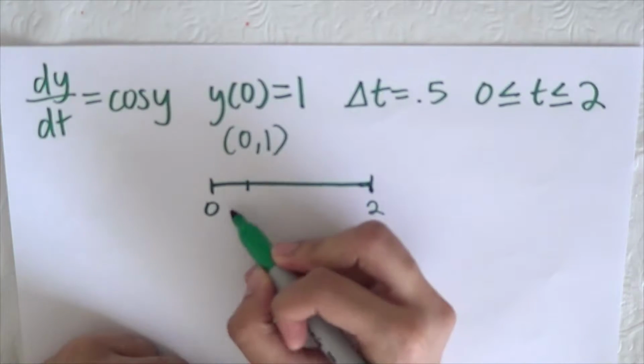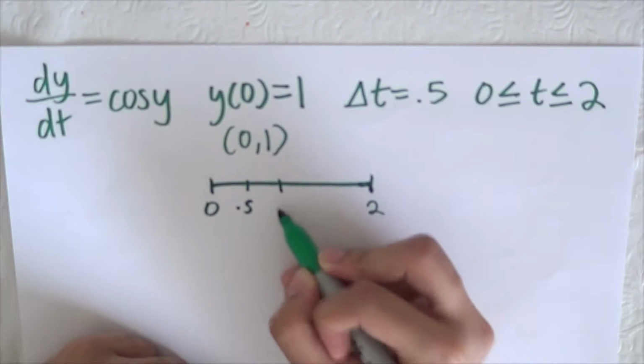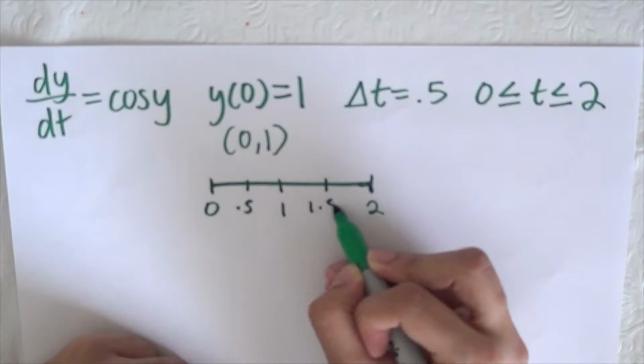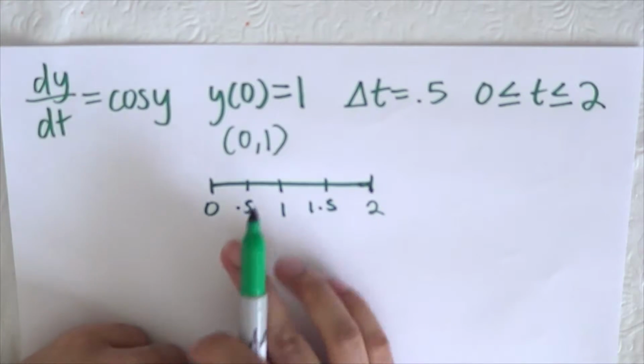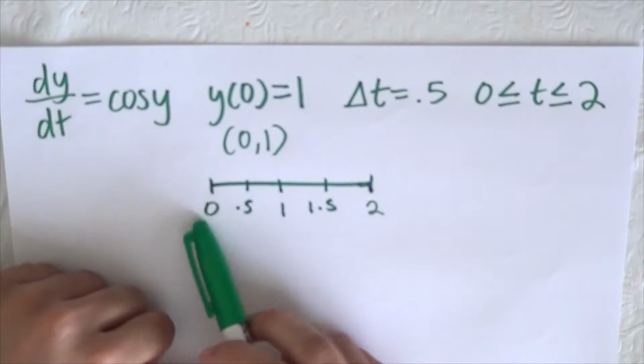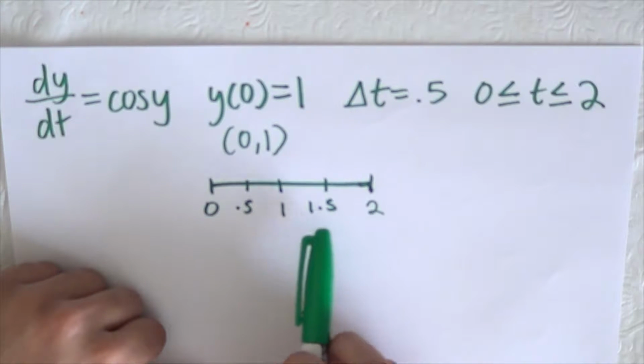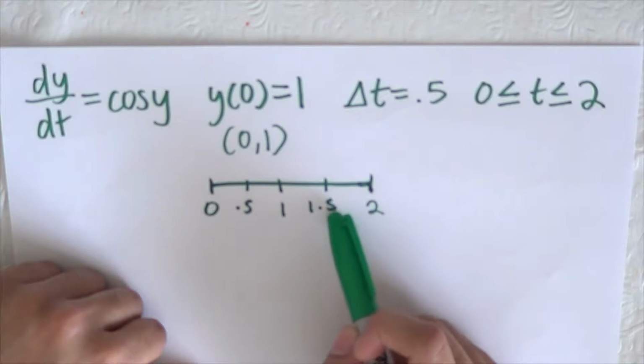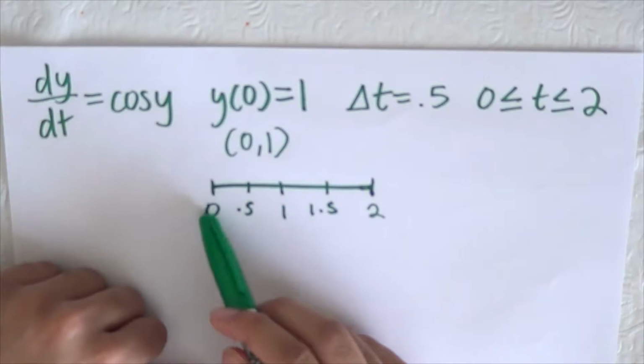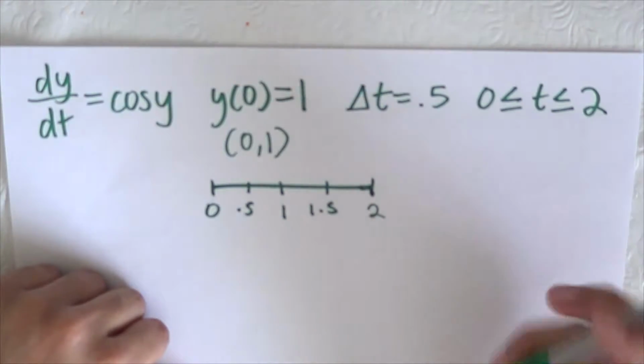So 0.5, go to 1, to 1.5, to 2. Do you see that? We're increasing each step by 0.5. So 0 plus 0.5 is 0.5, 0.5 plus 0.5 is 1, 1 plus 0.5 is 1.5, and 1.5 plus 0.5 is 2. So we got from 0 to 2 using a 0.5 interval.